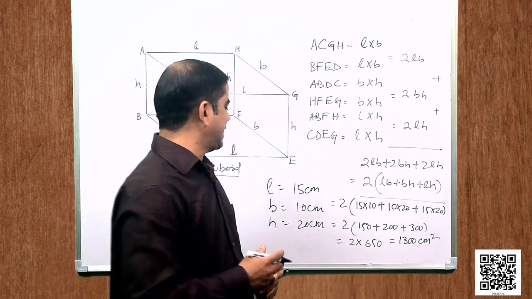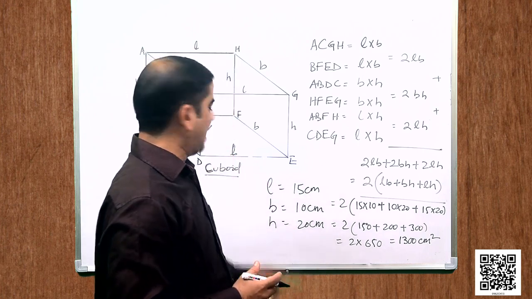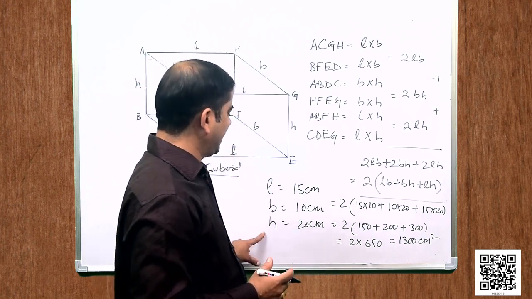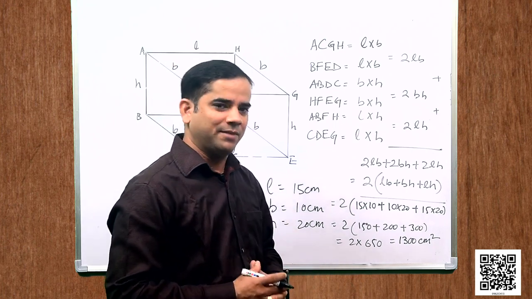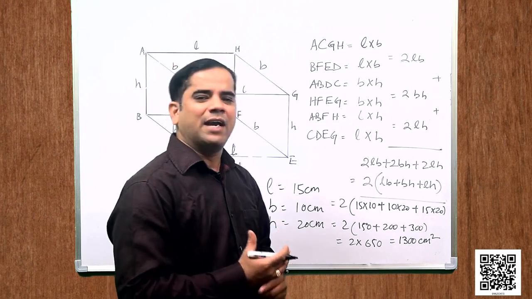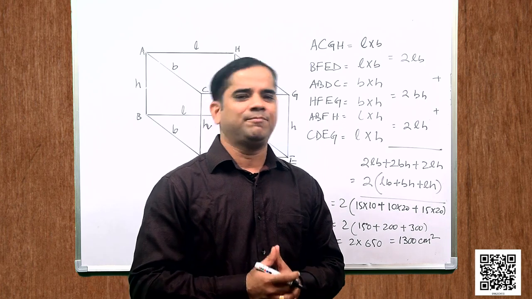So, 1300 centimeter square is the total surface area of a cuboid having length, breadth, height as 15 centimeter, 10 centimeter and 20 centimeter respectively. Okay? In this way, we can find out the total surface area or the surface area of a cuboid.